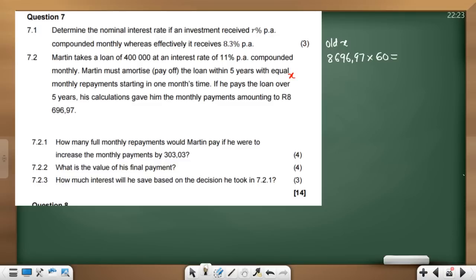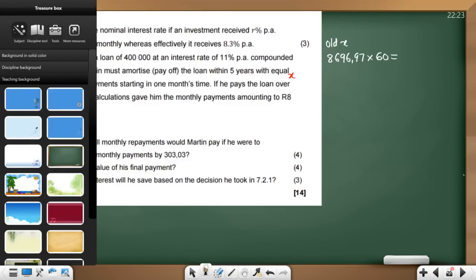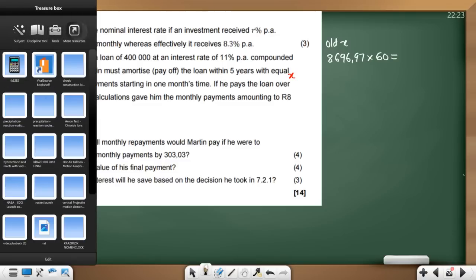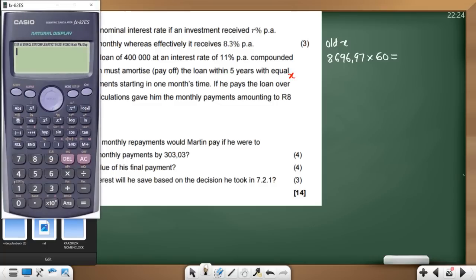That is what he would have paid from his own purse or wallet or account directly, without interest. 8696.97. So guys, every time it comes to questions like this interest, take it up with the final what he's paying. What do we have? 521818.2.